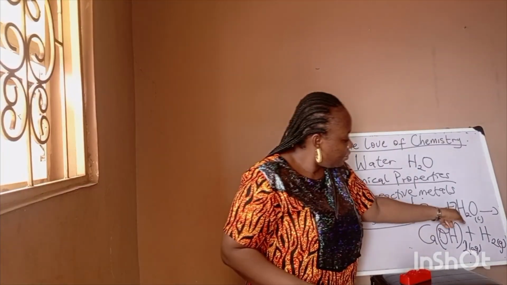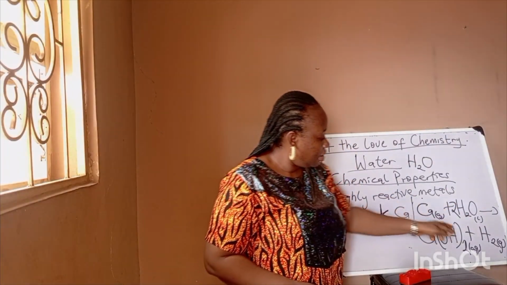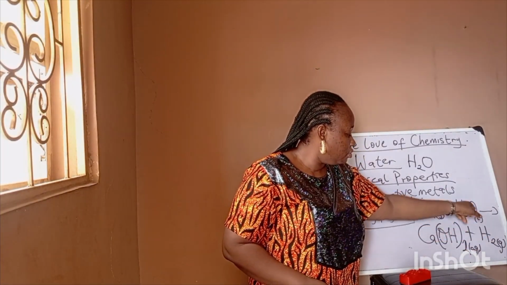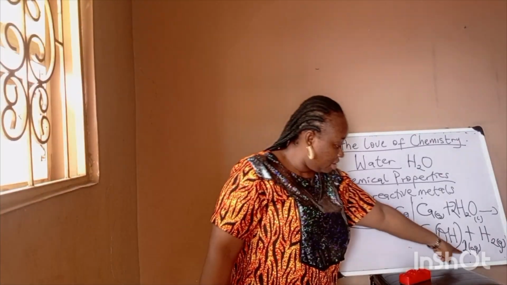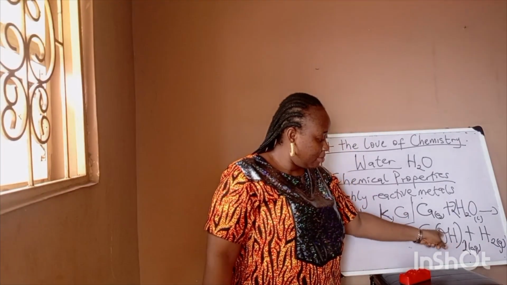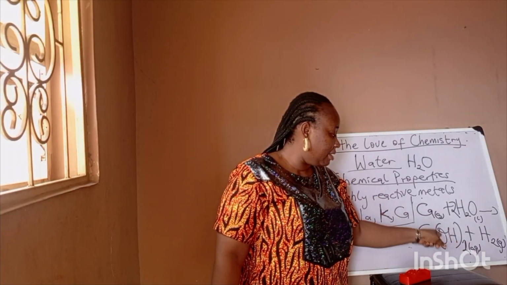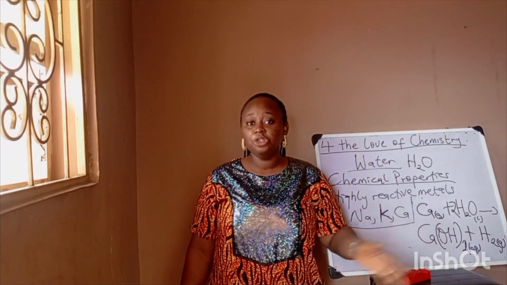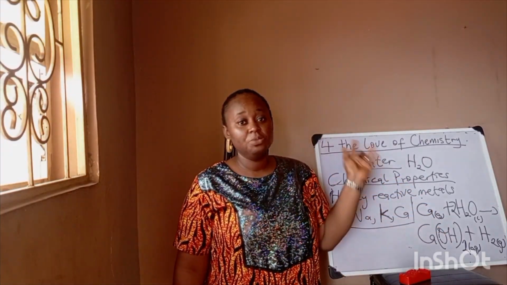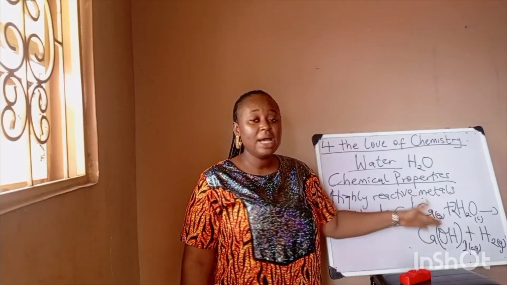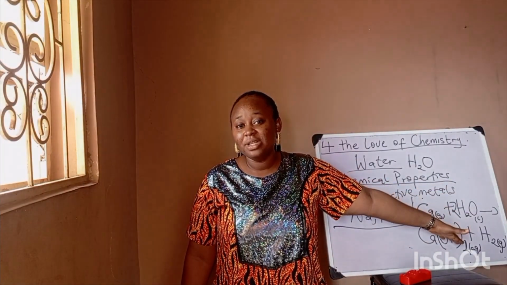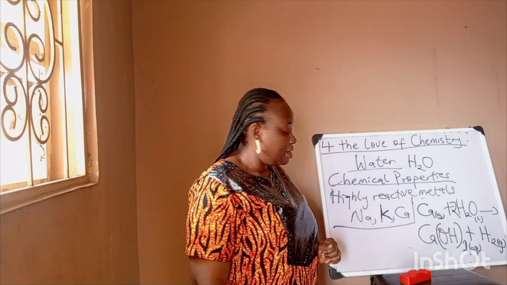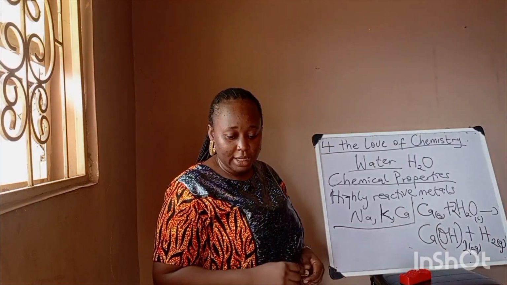So we have 4 hydrogen, 2 oxygen, 2 oxygen. The 2 oxygen, remember this 2 here governs both this and this. Okay, so that's the balanced chemical equation for the reaction of calcium and water to produce calcium hydroxide and liberate hydrogen gas. So that's it.